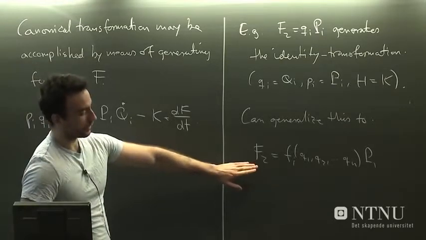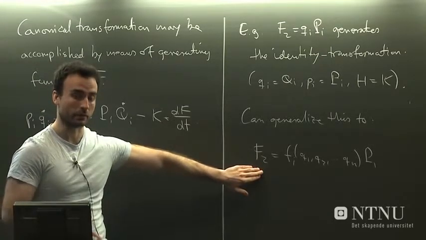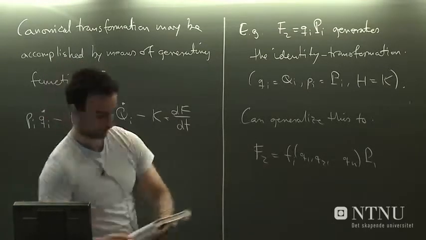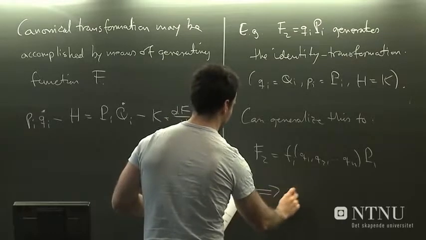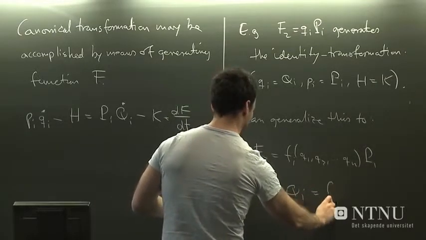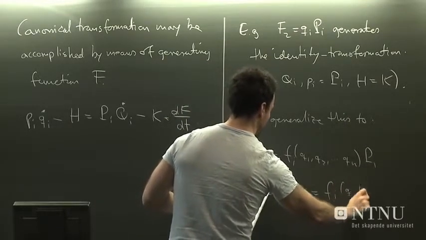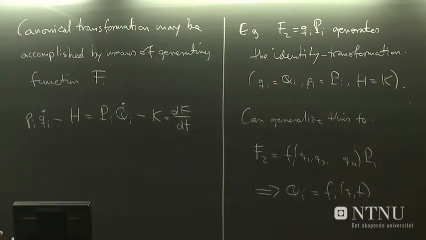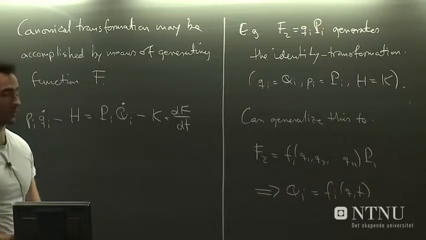And we saw how this type of generating function would correspond to a point transformation, like this, which is, for instance, going from polar to Cartesian coordinates.